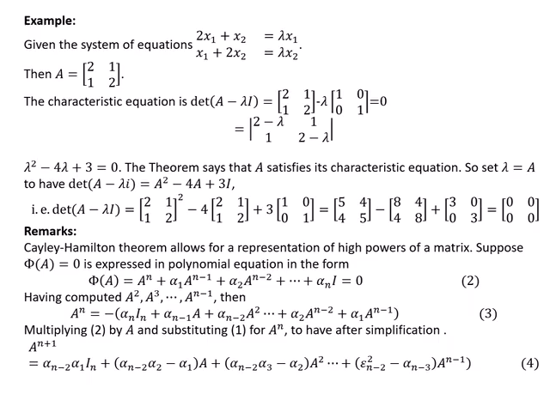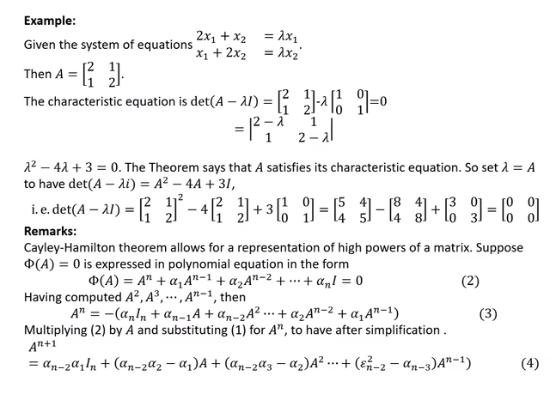From here, we can get our matrix A, which are the coefficients of the variables x1 and x2. We have A to be 2, 1, 1, 2. That is a 2 by 2 matrix.